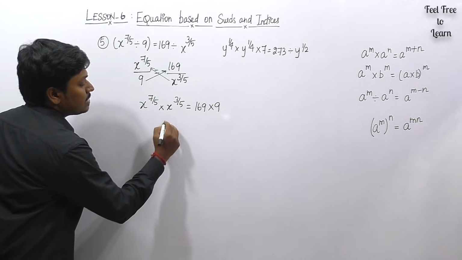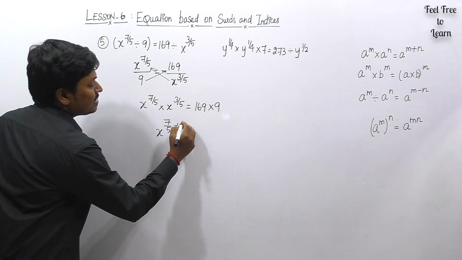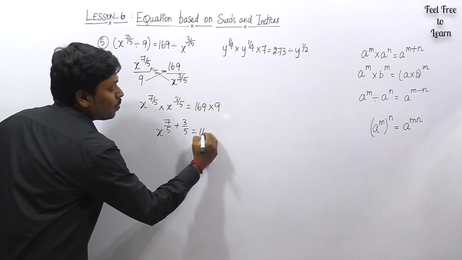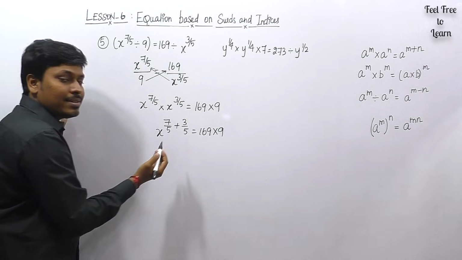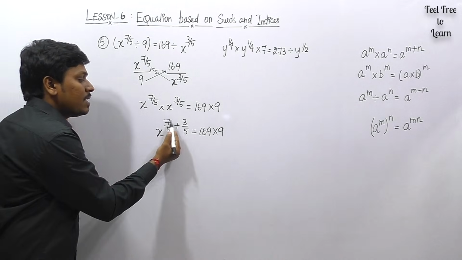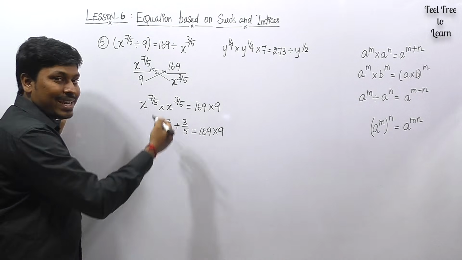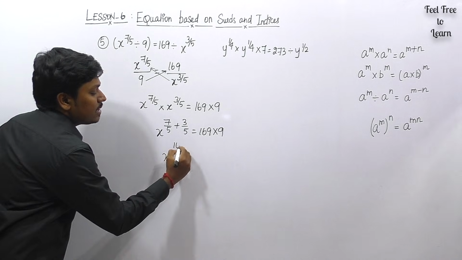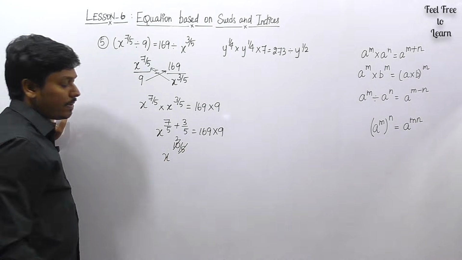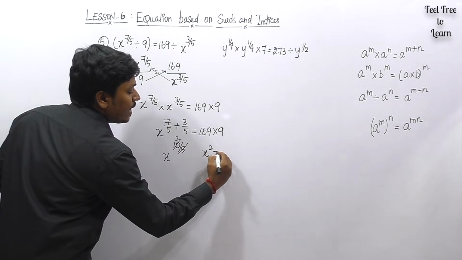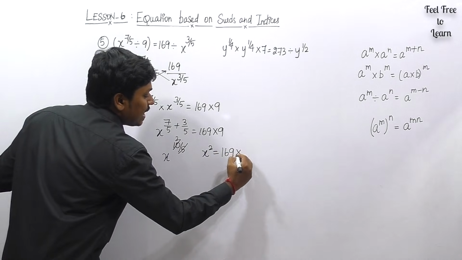So this can be written as x power 7 by 5 plus 3 by 5 is equal to 169 into 9. Here both the denominators are the same, so when you add both the numbers, 7 plus 3 will be 10, so 10 divided by 5. 10 divided by 5 can also be written as x square. So finally we got x square is equal to 169 into 9.